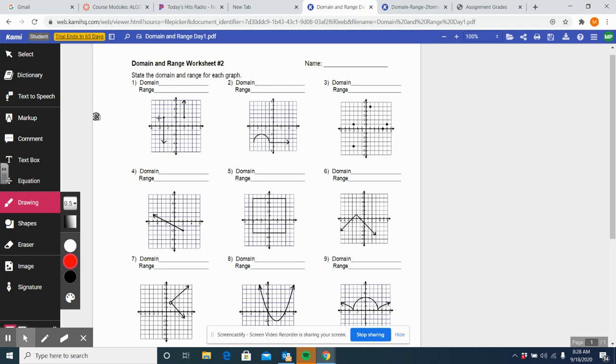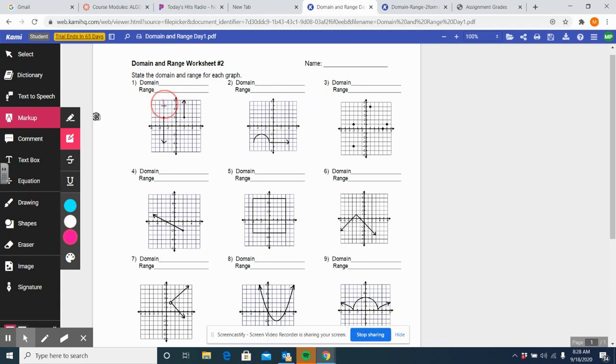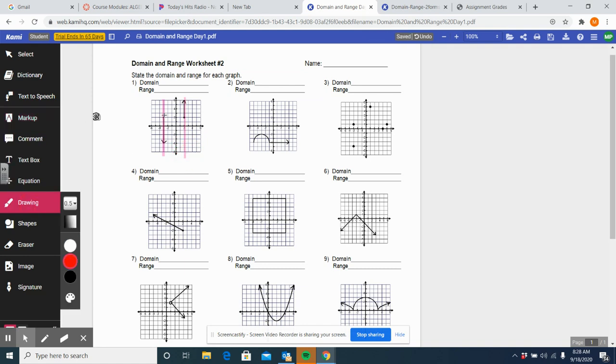So it doesn't continue left to right, okay? It's right here. It's this x value and this x value. There's nothing in between. So your domain is just -3 and 2.